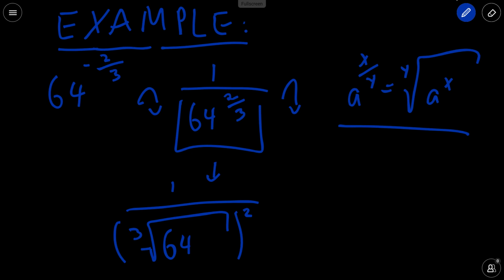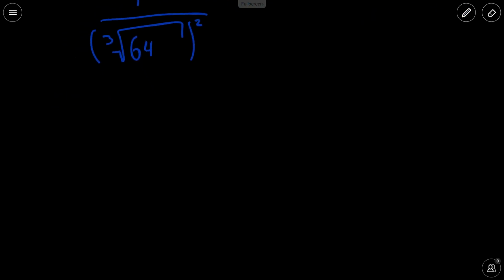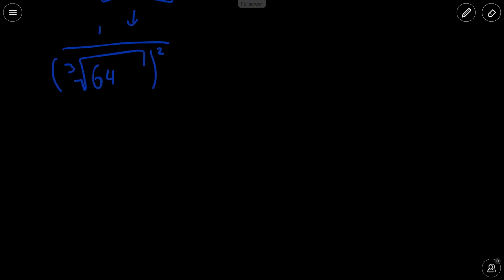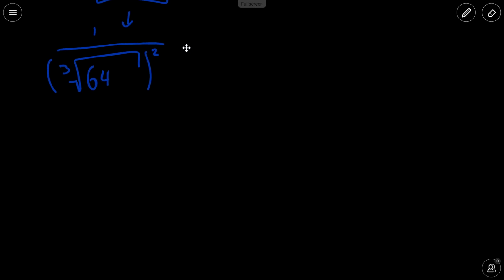And now from here we can move on and further simplify this. What does the cube root actually mean here? We still have 1 over the cube root of 64. The cube root asks which number do I need to multiply by itself 3 times to make 64.